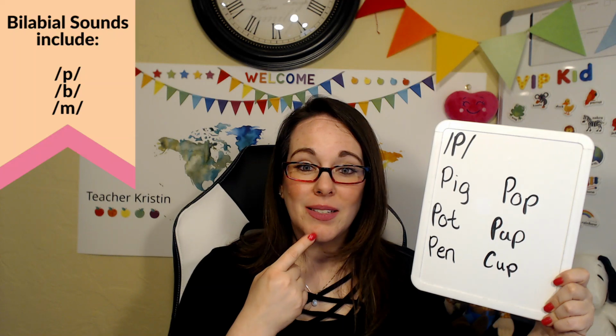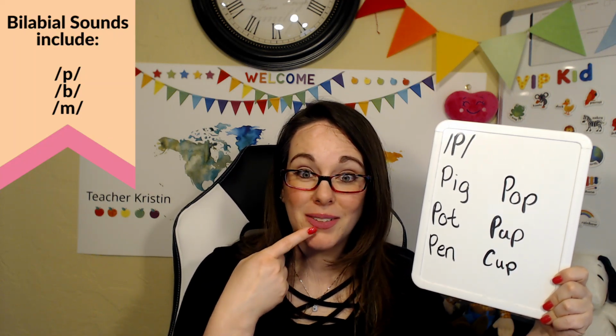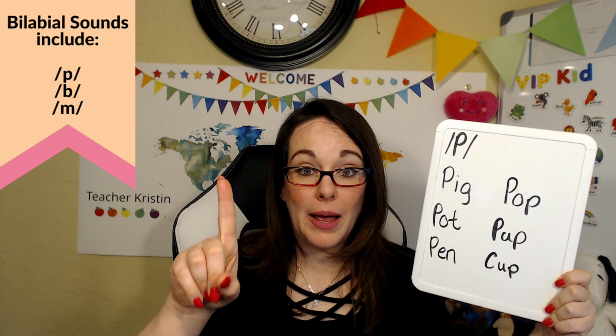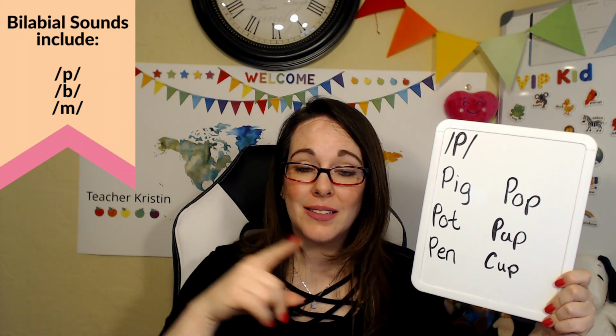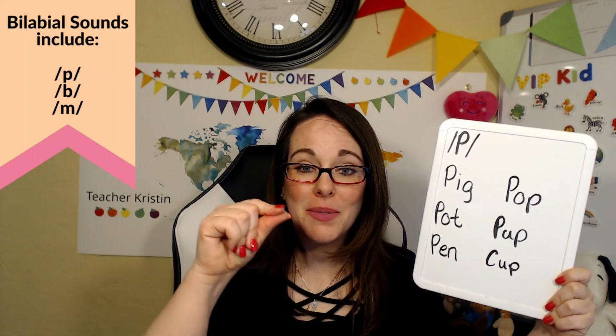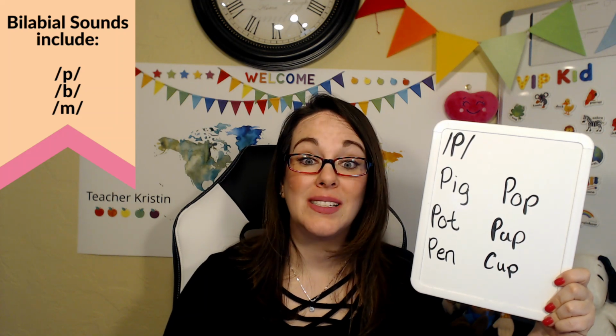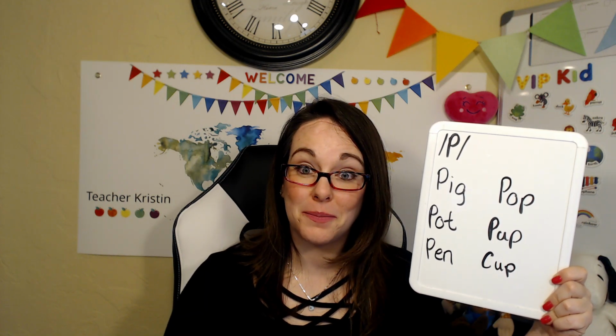The other sounds that you make with your lips, which is your bilabials, are M and B. So P, B, and M. And you'll notice that my lips come together. This is the meaning of bilabial sounds or phonemes.